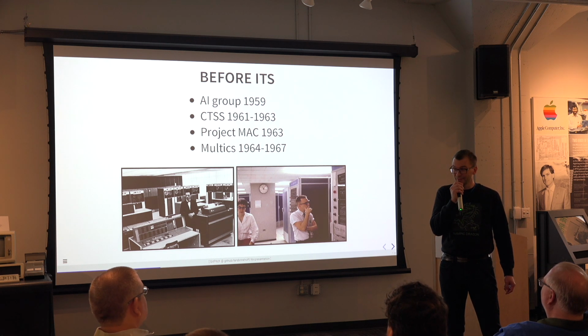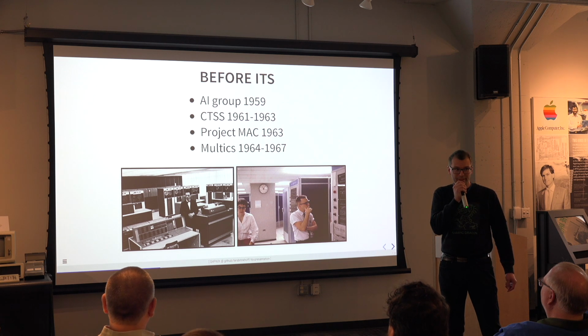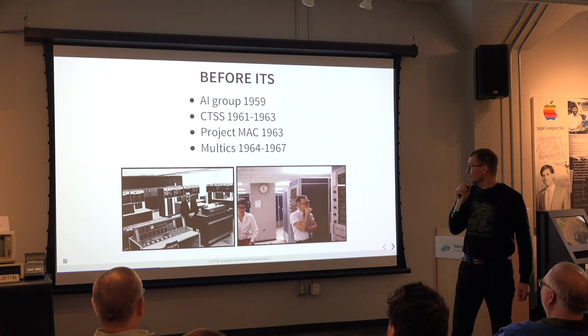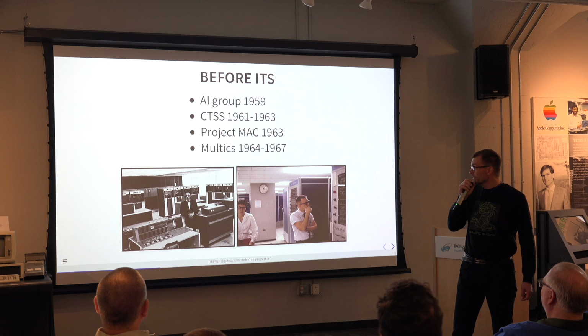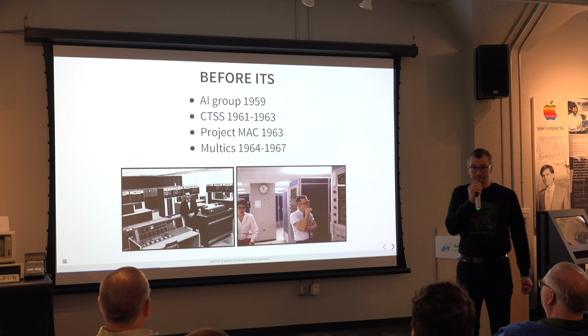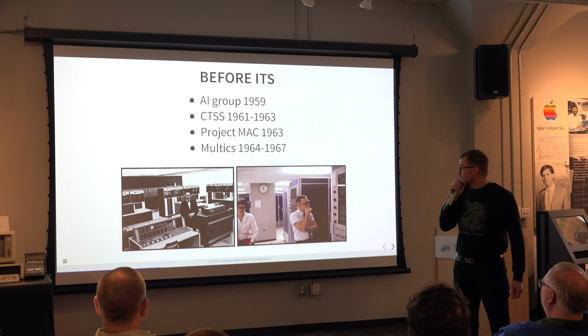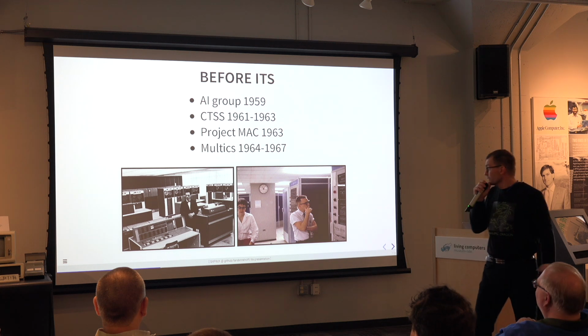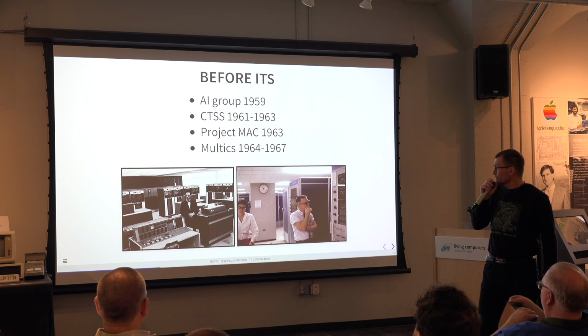So that's the explanation. The programmers who made ITS made a pun on the CTSS system. And later, Project MAC was started, and they created the operating system Multics. The picture to the left is from the first Multics machine.